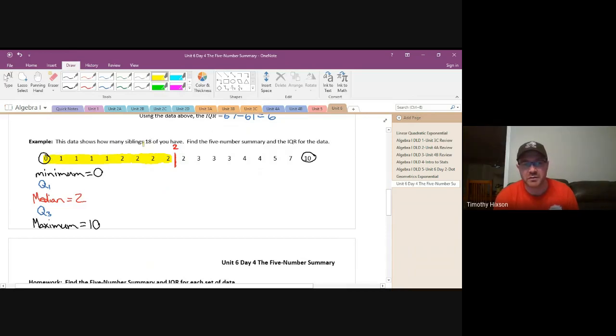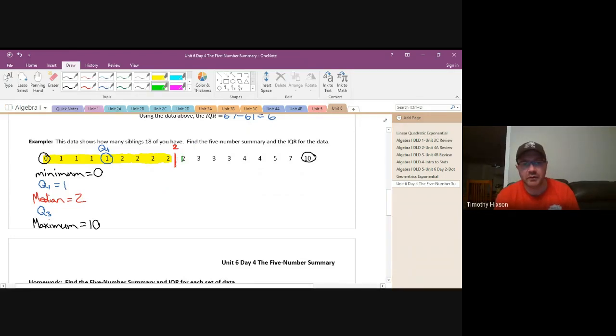Since there are 18 total, there's 9 scores down here. So that means my first quartile is going to be the 5th. 1, 2, 3, 4, 5. That's my Q1. I'm going to label that there, Q1. Notice there's 4 values to the left, and there are 4 values to the right. So that's my median.